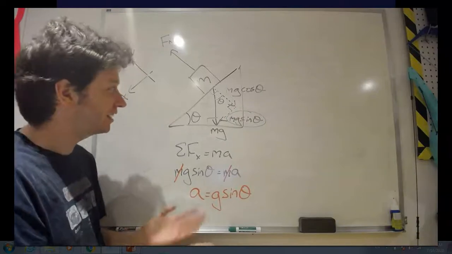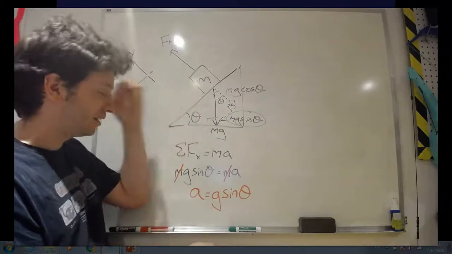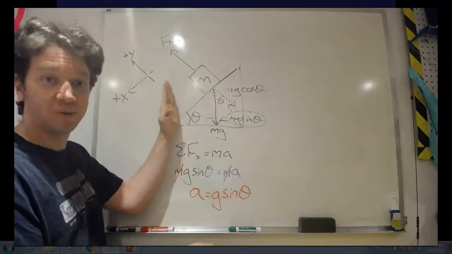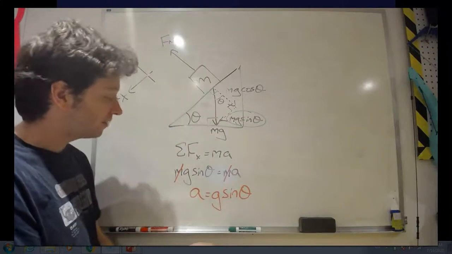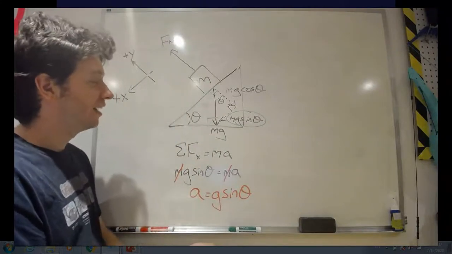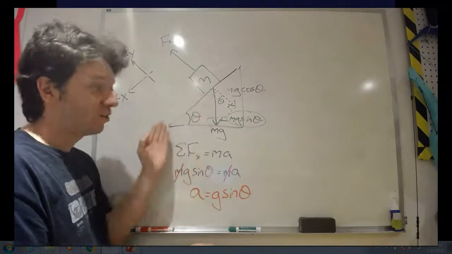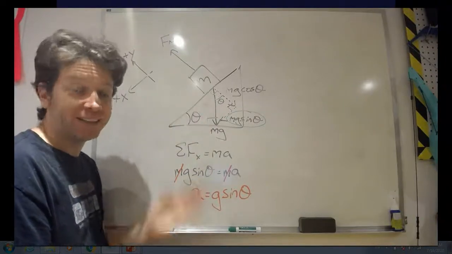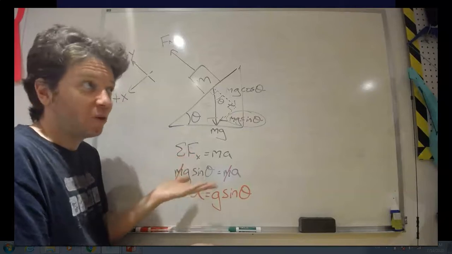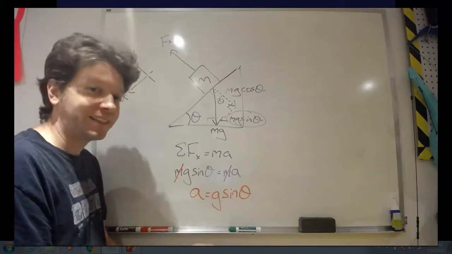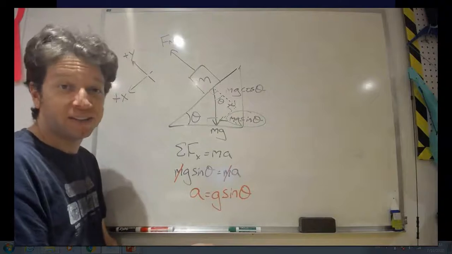Not only does it tell us our extreme situations, the range of the acceleration from 0 to 9.81 meters per second squared, but it also told us that mass does not matter. Any object falling down a ramp in this situation, with no air resistance, no friction, will slide down that ramp at the same rate regardless of the mass of the object.